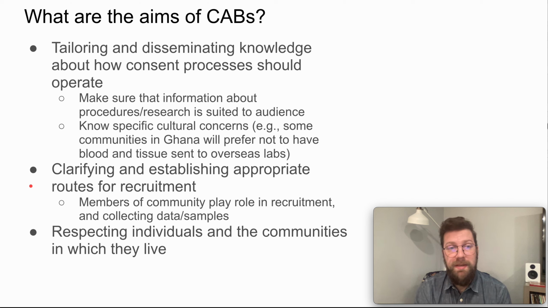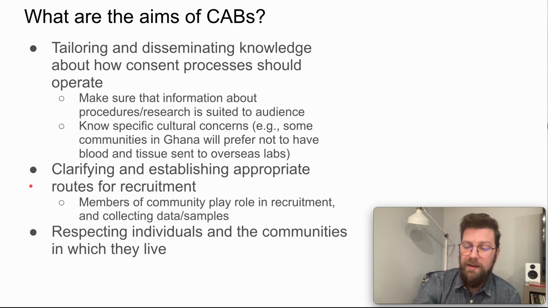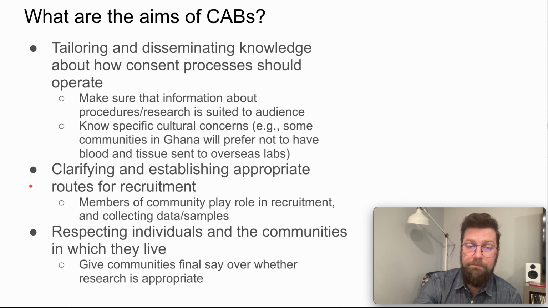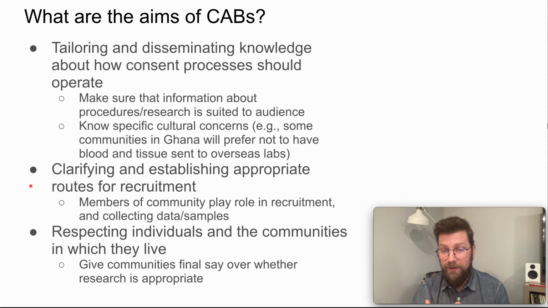And more broadly speaking, these aims can communicate a certain respect of the researchers for the communities that the patients are living in. And this is a way of giving the community the final say and giving them the right ways to say whether research is appropriate or not.